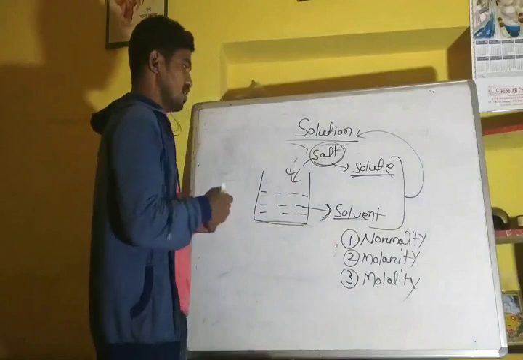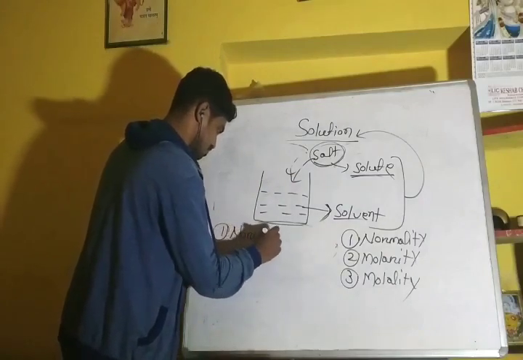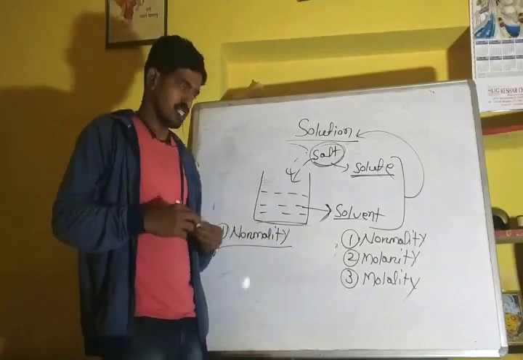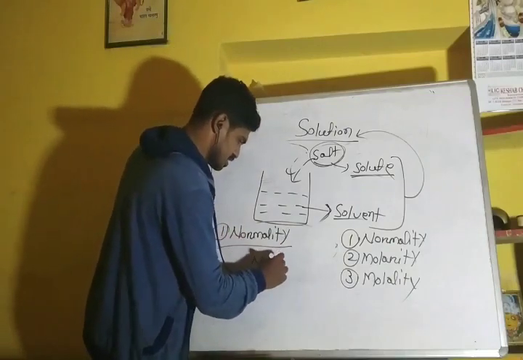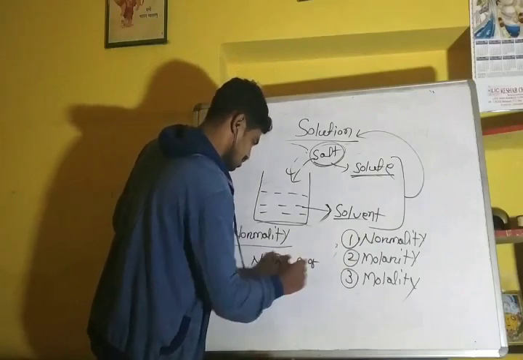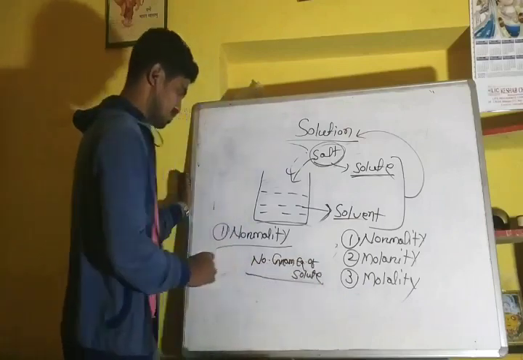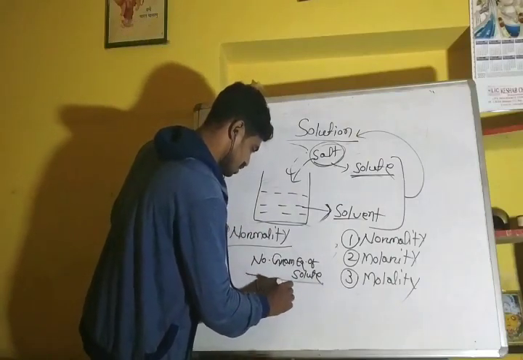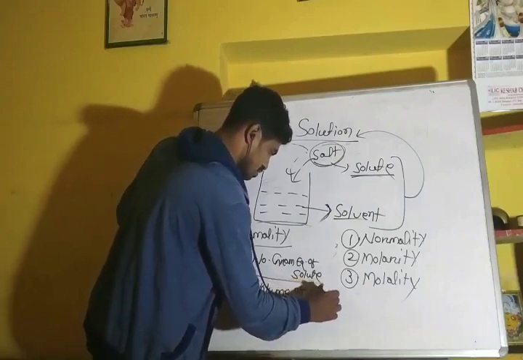So first, the normality. The term normality is used for the number of gram equivalent of solute by volume of solution in liter.